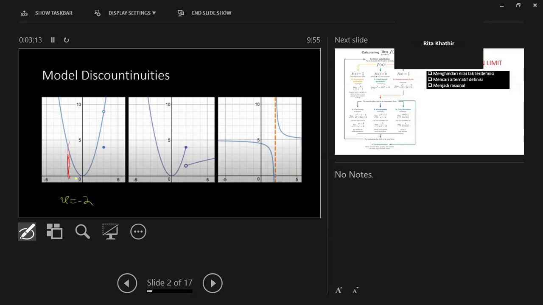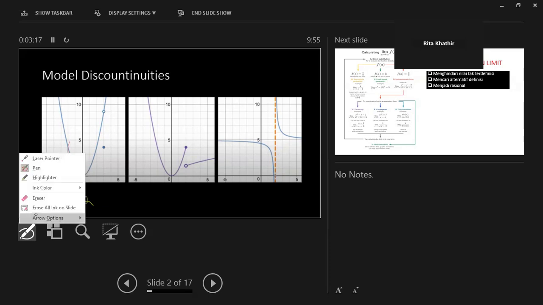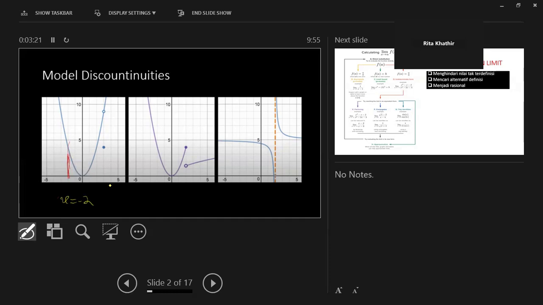And if you approach x = -2 from the right hand side, from here, you can find that the y is here. Probably, I'm not sure, I think here about 3.